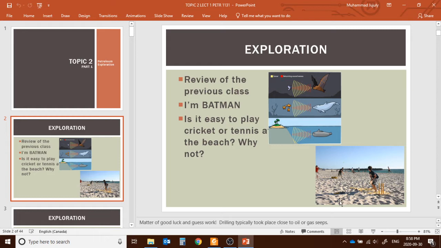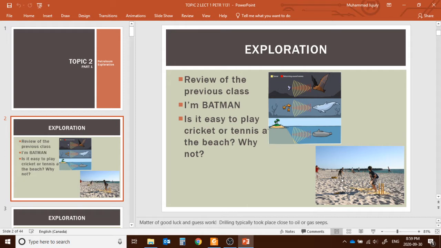The sand is soft and absorbs the energy, way more than the hard pitch. So when a bowler bowls and the ball drops, it doesn't bounce back very well. The same thing will happen with tennis too. It's the very same principle.